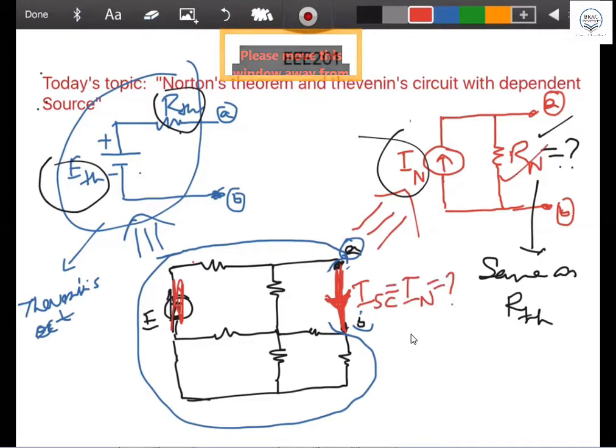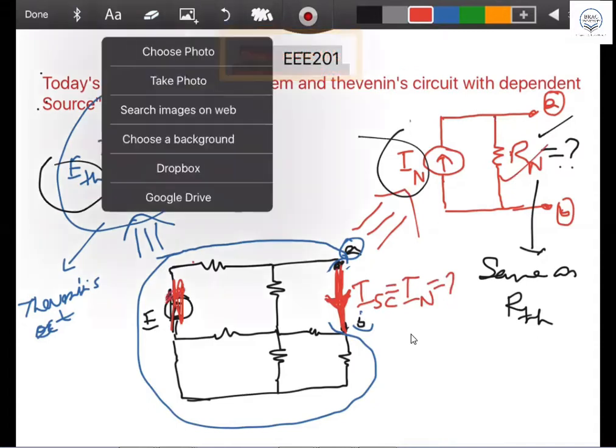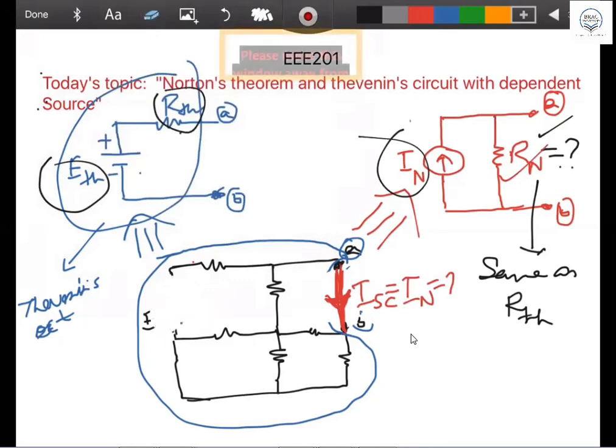And when you are going to find the short circuit current, that time this source cannot be deactivated. This source should be kept active. So this source is active now, because you are going to find the I Norton or V Thevenin, that time the source will be active. So if you keep the source active and it is short circuited, we can find the I short circuit from this.